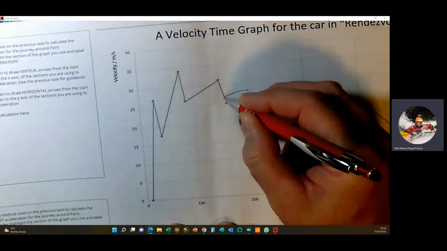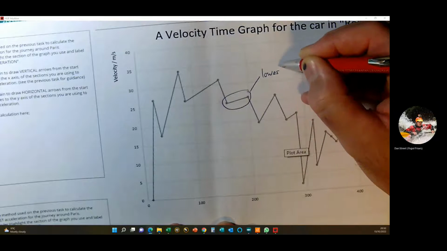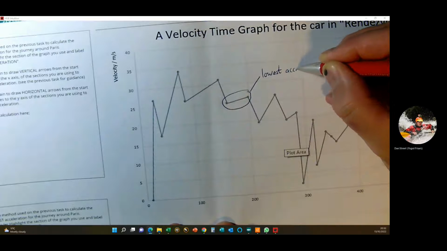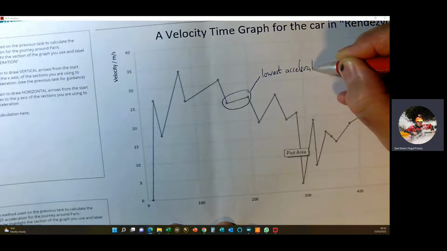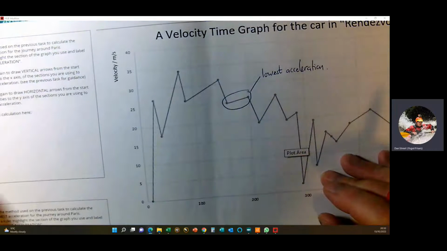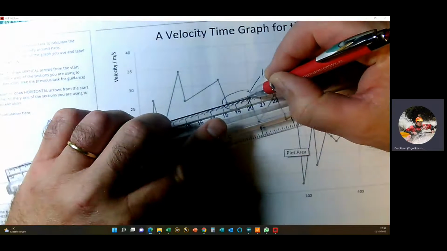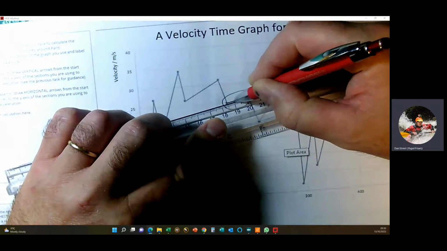So I would suggest that this here is the lowest acceleration shown in this graph. So it says to use the ruler, so I'll use the ruler here just to highlight that section of the graph. That's the bit we're after.